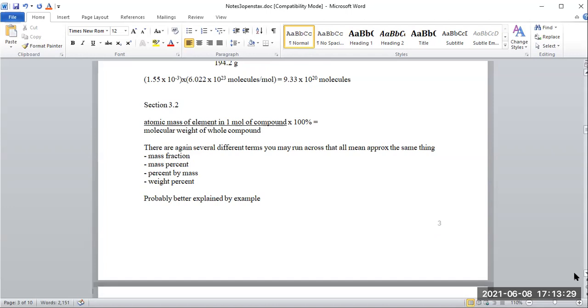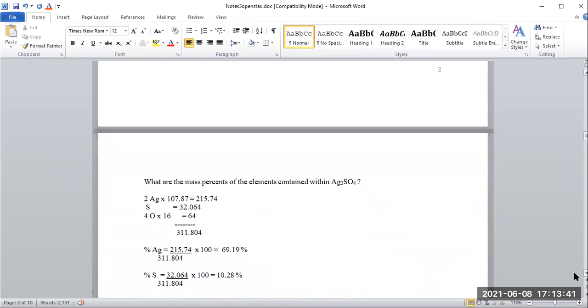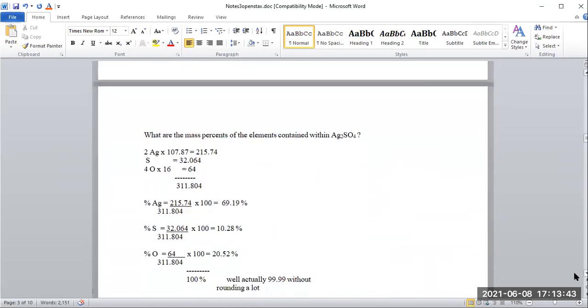So we're going to use some of the same sorts of math and a little bit of a tinker in that we're going to add some multiply by 100 to it in terms of analysis. All right, let's pick on silver sulfate.